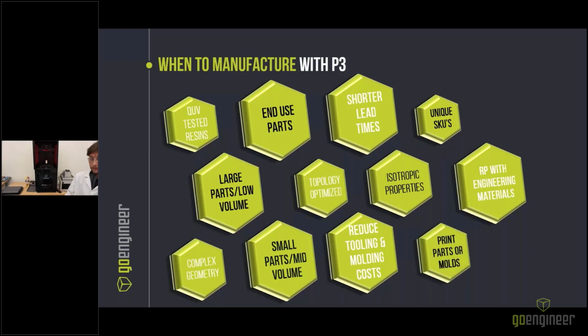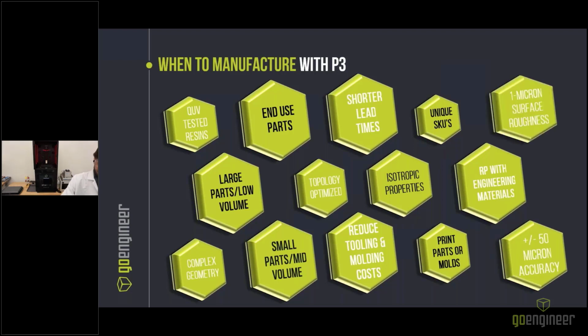You can print your parts or your molds at a 50 micron accuracy and typical 1 micron surface roughness. Those last two values can be tuned so that you can get it even tighter, but out of the box, that is what you should expect.